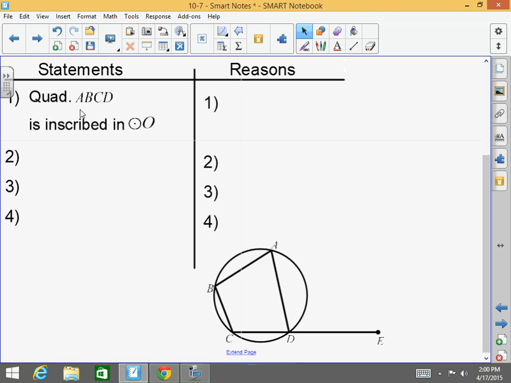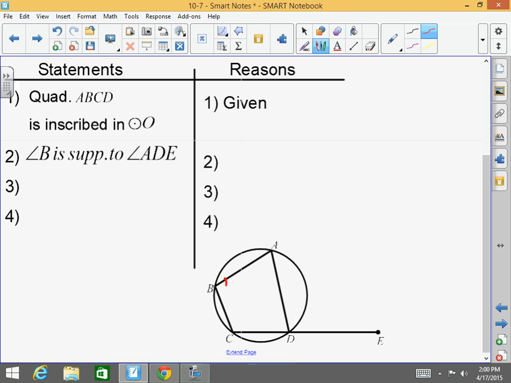And of course, one is quadrilateral ABCD is inscribed in circle O. Okay, what's my next one? Very good. If we use the inscribed quadrilateral theorem, angle B, this guy, is supplementary to ADC. That should be ADC. Sorry.